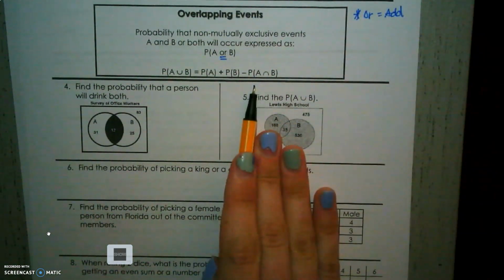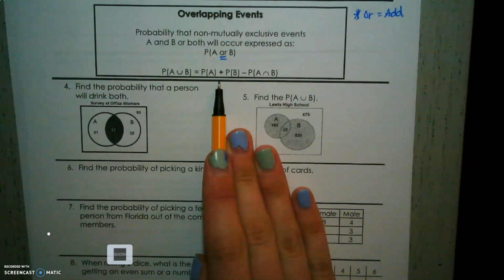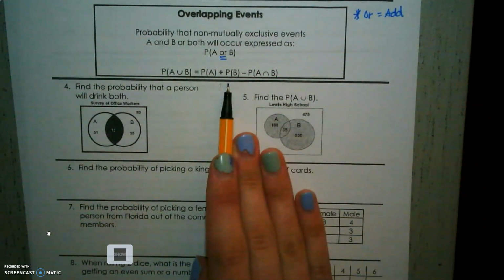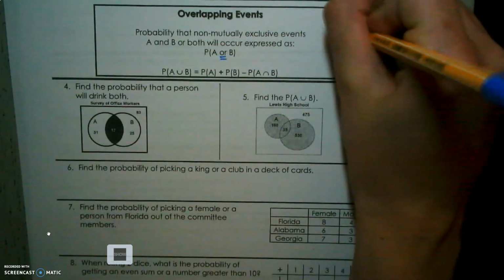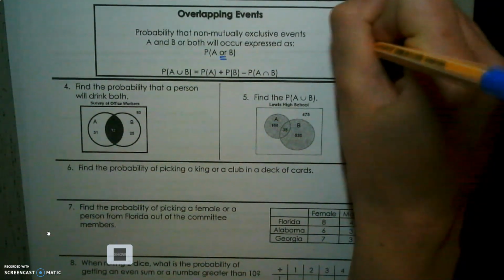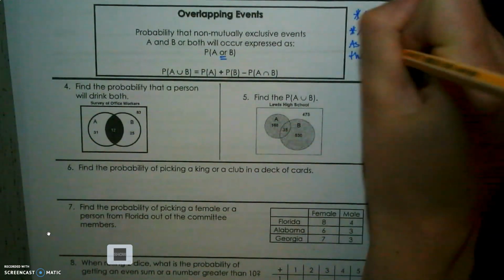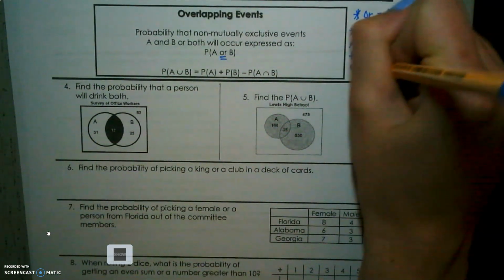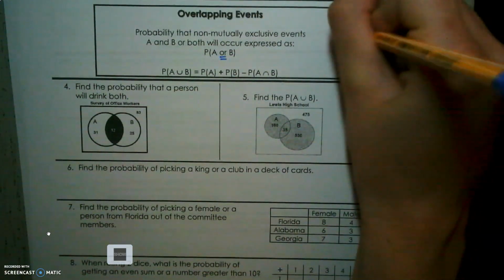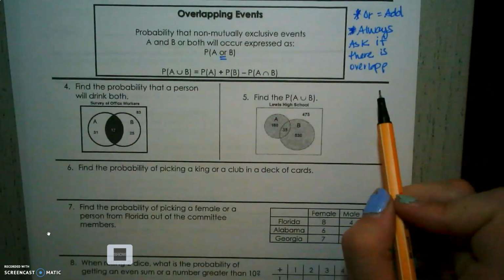But what you really have to be careful of, now that we add, we always want to double check to see if there's overlap. This tends to be the #1 missed question on quizzes and tests because y'all forget to double check. You're moving a little bit too quickly.